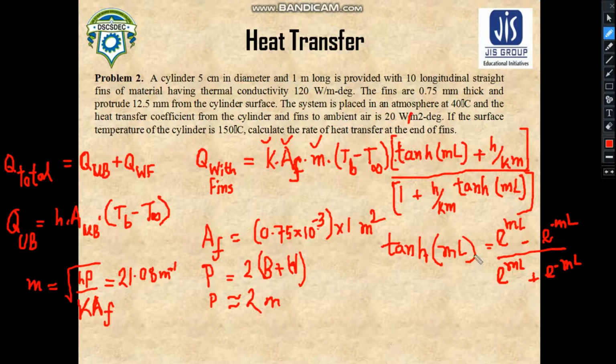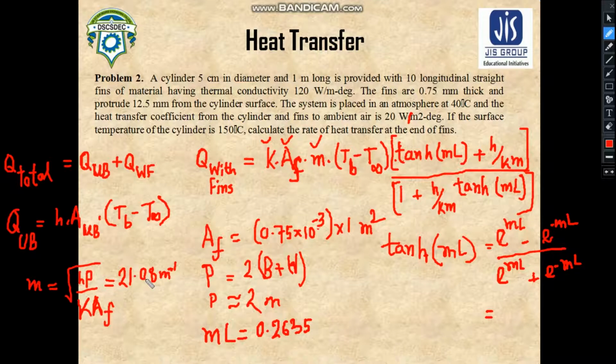You can also find it through a calculator. If you do the calculations, you will find that ml is 0.2635. Very simple. So you have m and you have l.